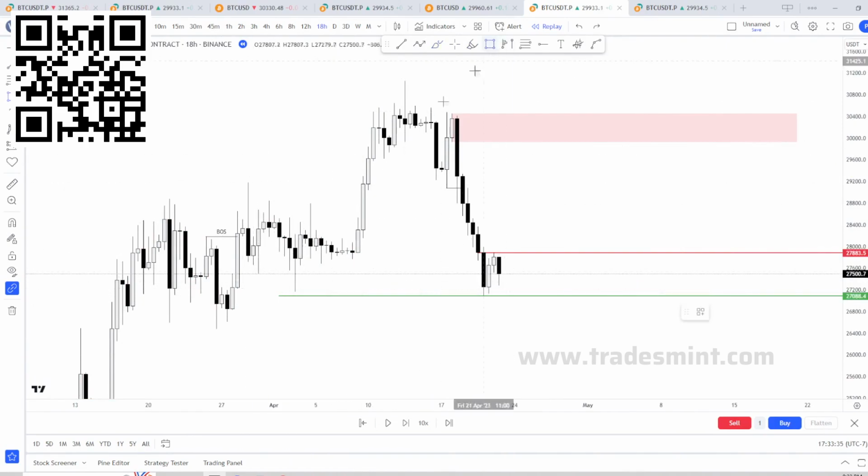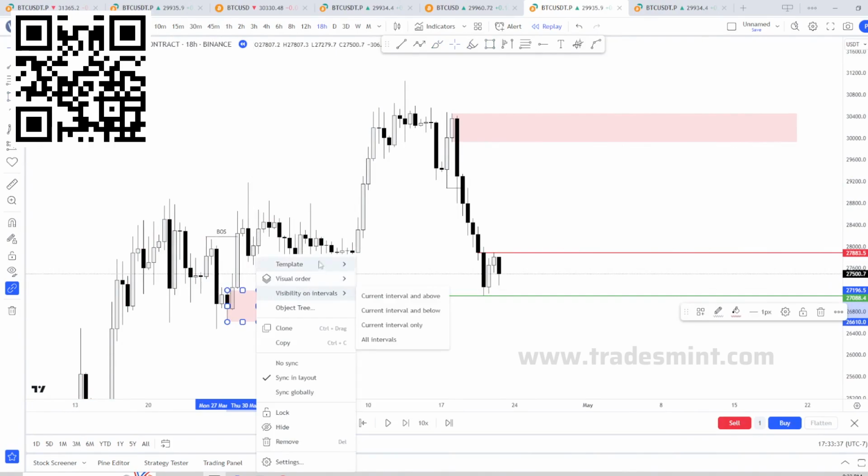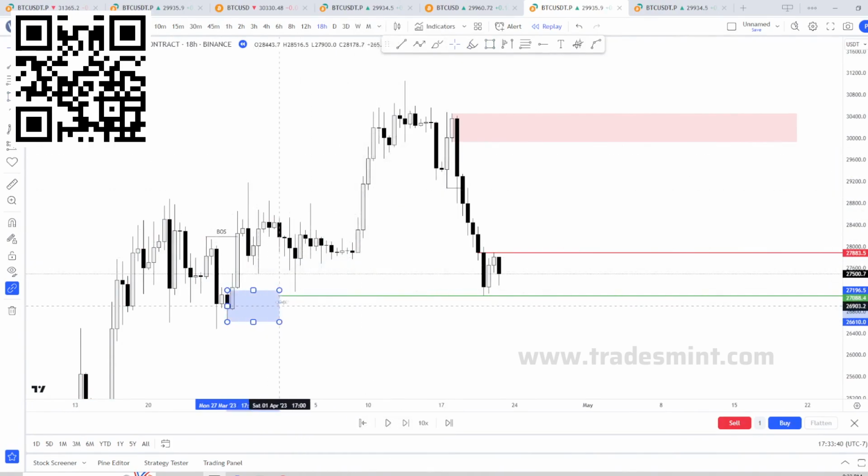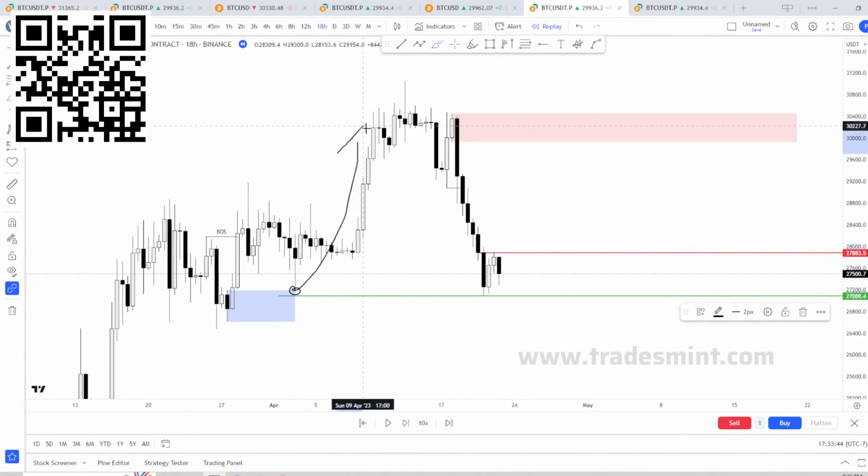But unfortunately for us, if you draw the rectangle around this guy, he was already hit. He was tagged right here prior to the move up itself. Although quite slight, it is still a validated zone.